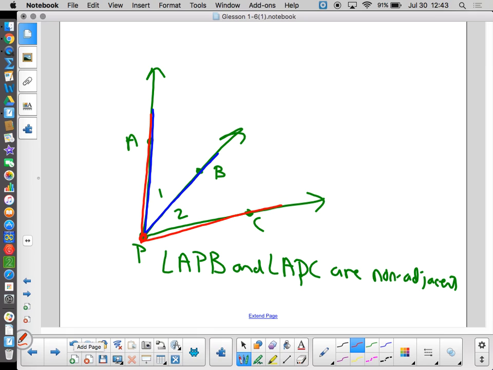They do share the same vertex. They do share a side, PA, but one is inside the other. APB is inside of APC. So therefore, non-adjacent angles. So that not overlapping thing does come into play sometimes. So again, they have to share the same vertex, share a side, and not be overlapping to be adjacent.